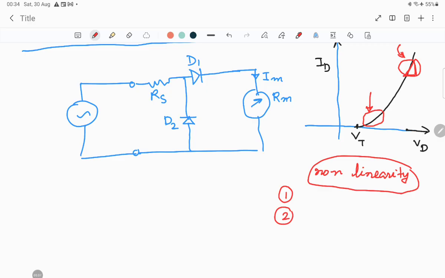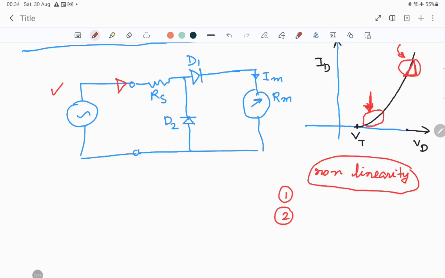The first one is a very simple mechanism: from this low region of current, I want to increase the value of the current. For a particular input signal the voltage is fixed, but I can vary the current. So how can we vary the current?